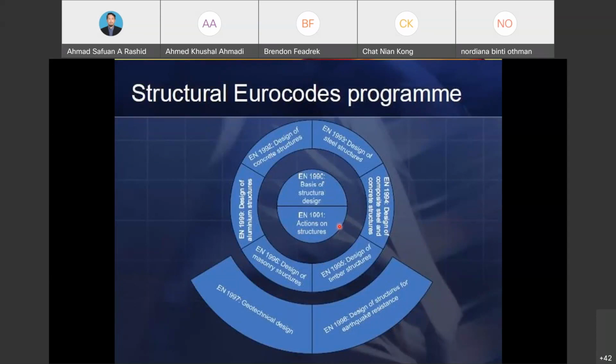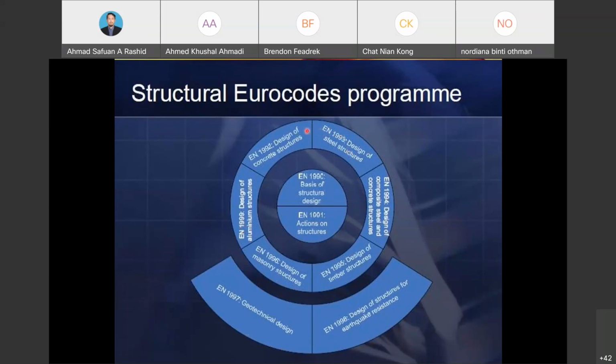And then all elements related to what we call structural materials or structural elements have been covered in EN 1992 until 1996, and then plus 1999.